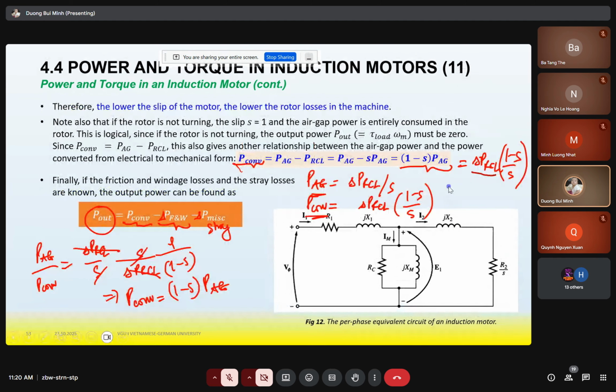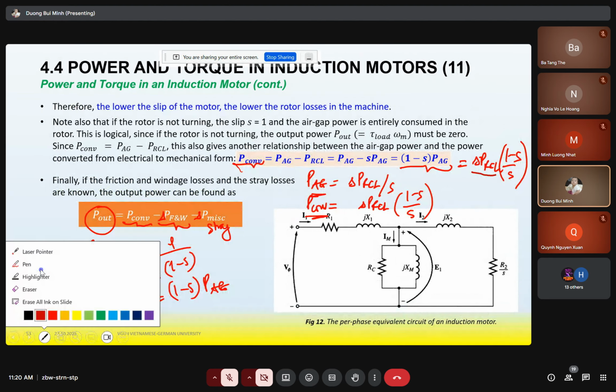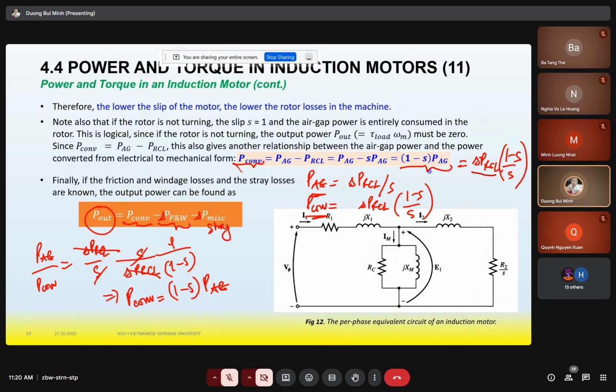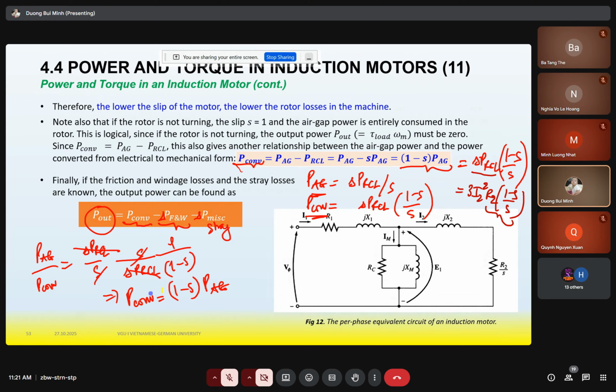So delta P_RCL is 3 I2 square R2 (1 minus S) over S. So this one.